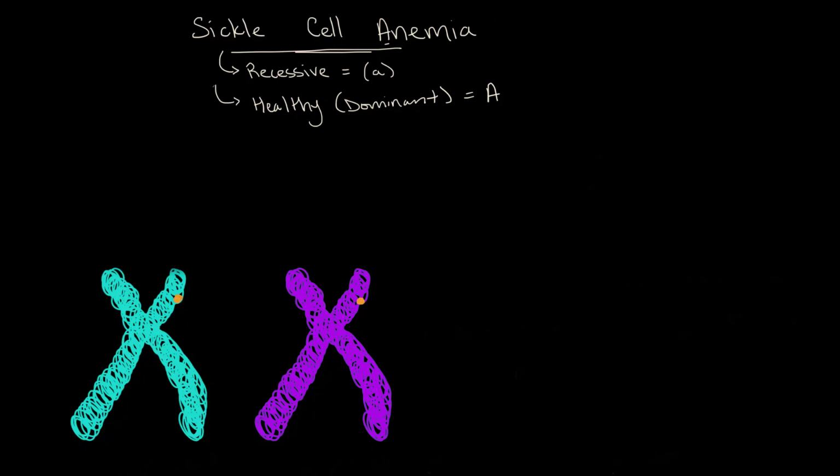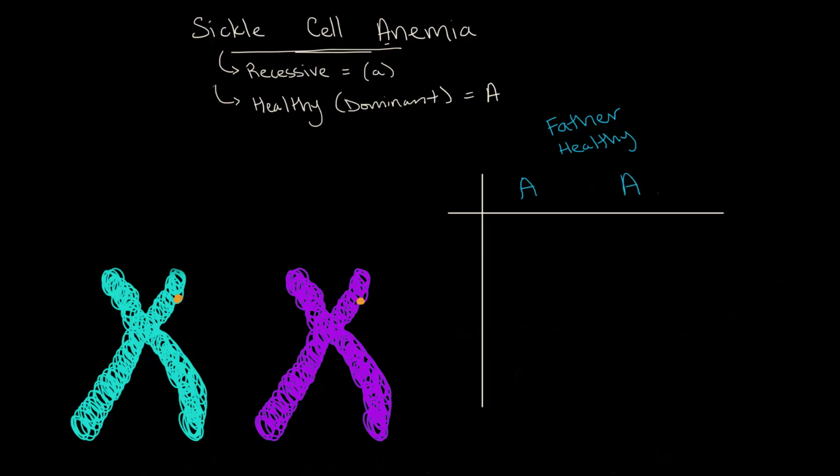Okay, so let's do a Punnett square or probability table. Okay, so let's say that the father is healthy. And the father is actually going to have 2 big A's.